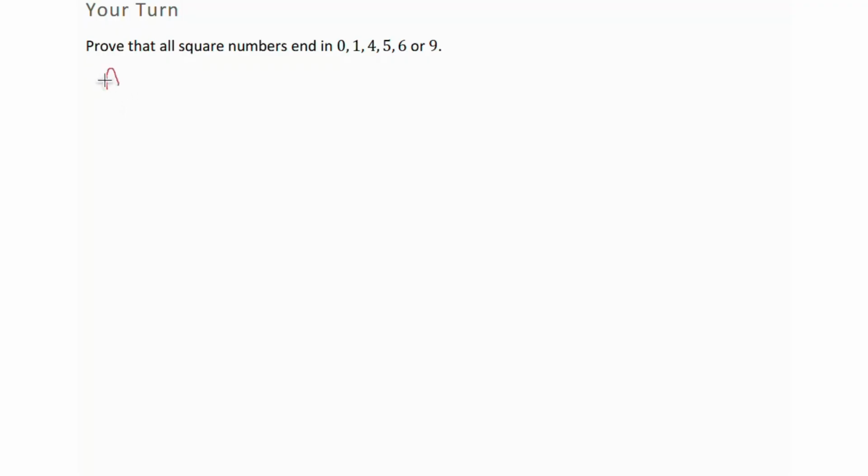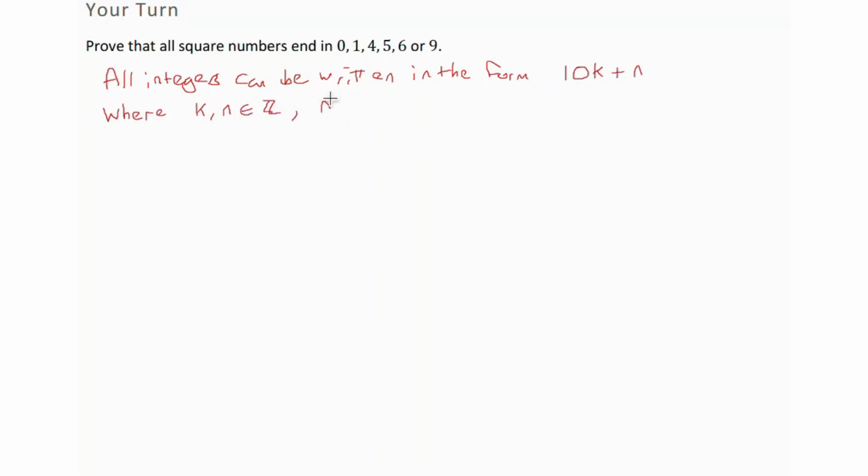So let's begin by thinking that all integers can be written in the form 10k plus n, where k and n are both integers and n is between 0 and 9.